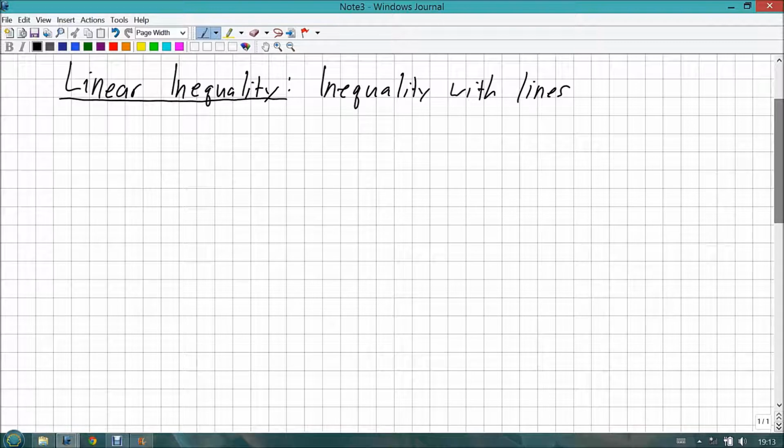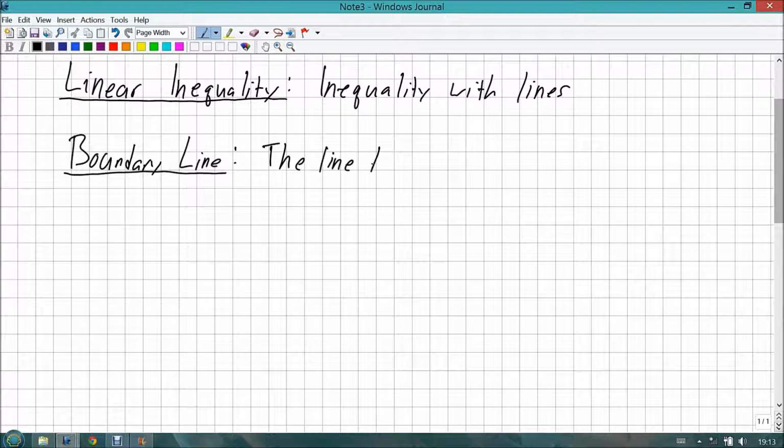So let's start with something called the boundary. Every inequality has a boundary line. This is the line that separates 2 regions. Just like a border.